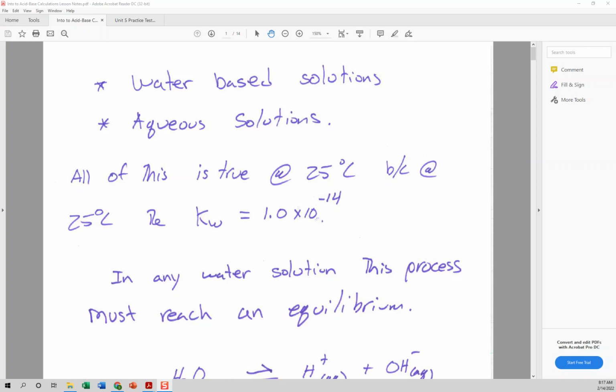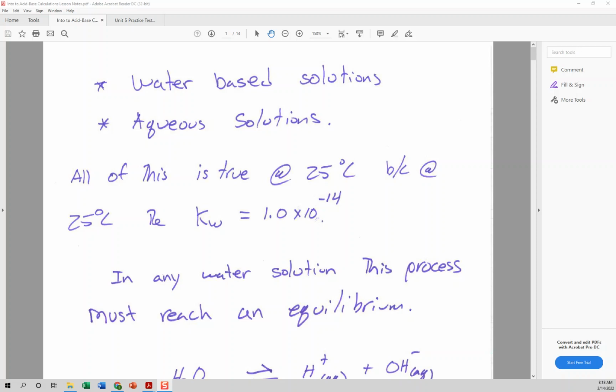This lesson isn't going to talk about differentiating what an acid is and what a base is. What we're going to focus on is water-based solutions, aqueous solutions, and whether they're acidic or basic. Things dissolve in water and they make the solution acidic, or make it basic, or maybe the solution remains neutral.